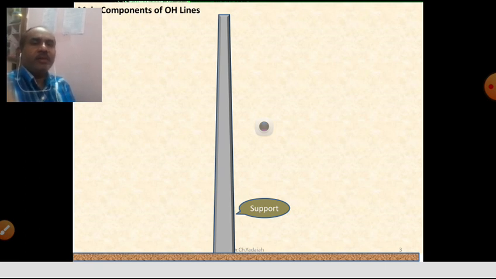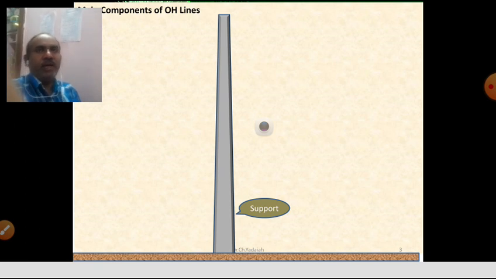The pole which has only 3 lines, those lines are known as HT lines, high voltage lines. Those having 4 lines are known as LT lines. As we know, LT voltage is less than 1000 volts, whereas HT lines are more than 1000 volts, up to nearly 11 kV, which we prefer in the distribution system.